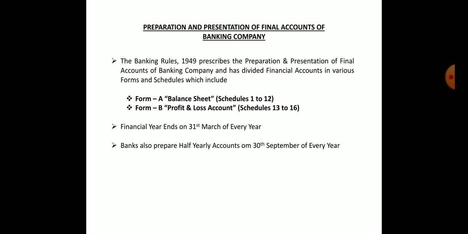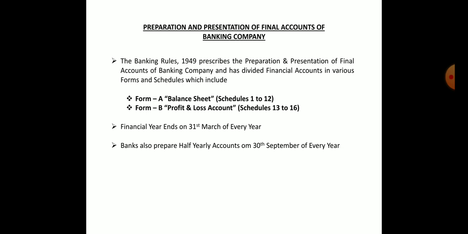Afterwards, the Banking Regulation Act was prepared in 1949, which prescribes the preparation and presentation of final accounts of a banking company and has divided financial accounts into various forms and schedules.